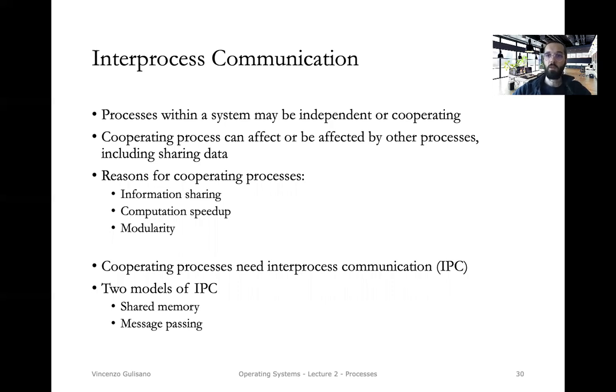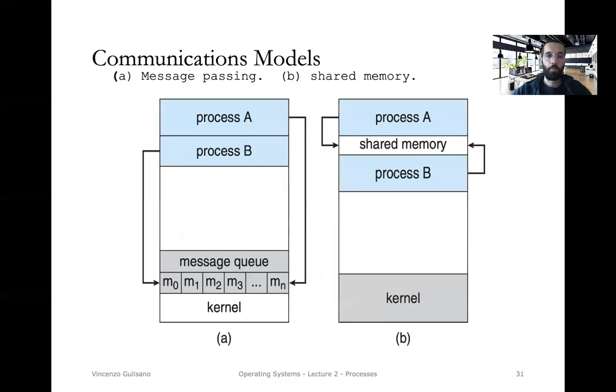Now, the operating system provides, let's say, functionality that allows processes to communicate. There can be different reasons: information sharing, computation speed up, modularity, and so on. There are two main ways in which two processes can communicate. They can share memory or they can exchange messages.